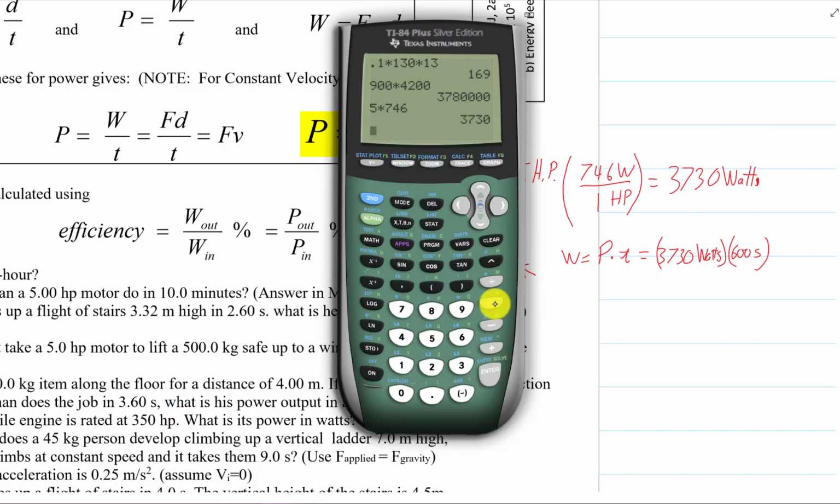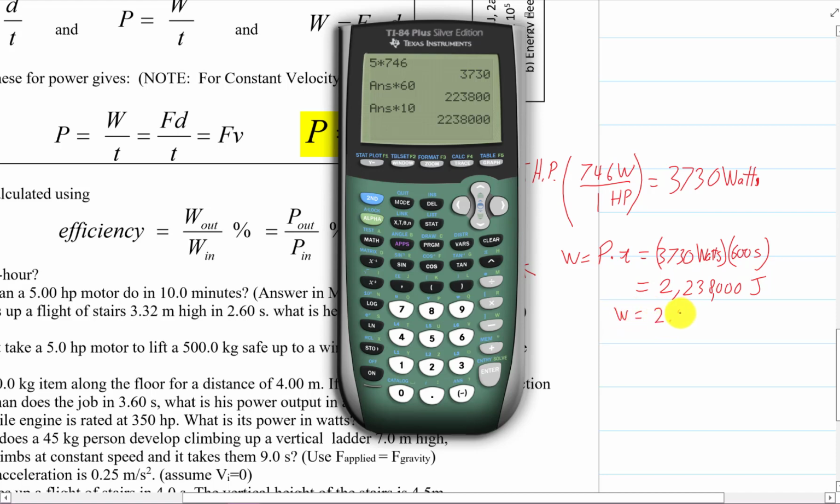So multiply this by 600. Whoops, I wrote 60. I have to multiply by another 10. Sorry, my bad. And this is going to be 2,238,000. What's the unit? It will be joules. Very good. So work is going to equal 2.238 megajoules.